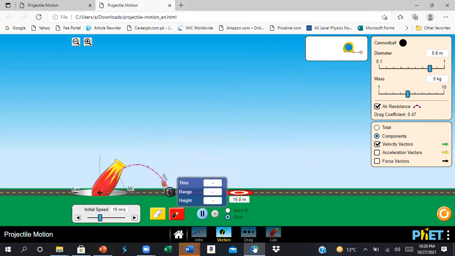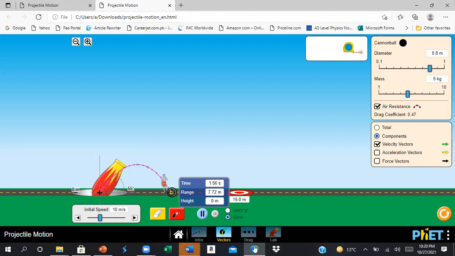And if we see, it took 1.56 seconds, as you can see over here, if you throw it with 10 meters per second.